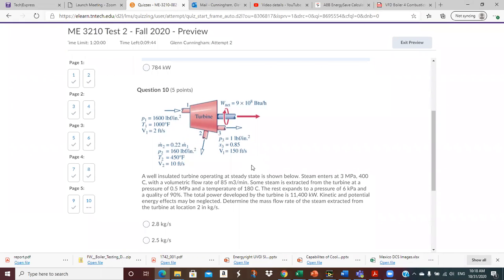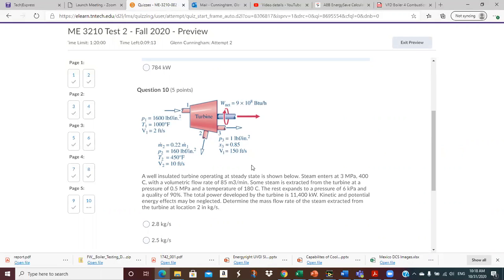And then the last one. I don't know that we've done one of these, but at any rate, you've got a well-insulated turbine at steady state, with a picture of it above. Steam enters at 3 MPa, that's state 1, and 400 degrees C, with a volume flow rate of 85 meters cubed per minute, so that's a volume flow rate.